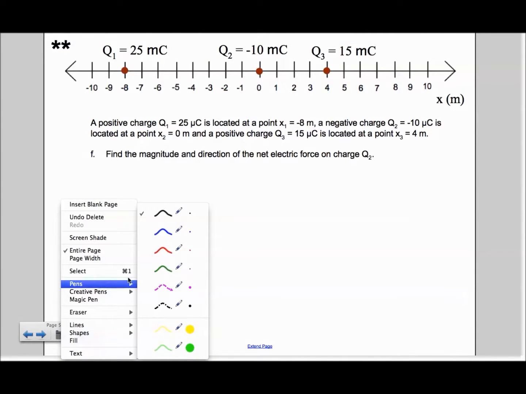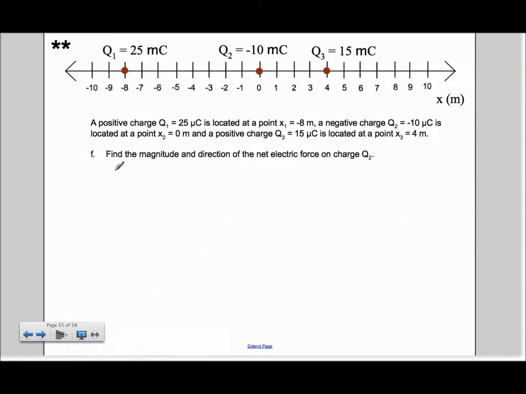So we start the problem by listing a free body diagram on Q2. So Q2 experiences a force towards Q3 because they both have opposite signs, and this force will be greater than that which it experiences from Q1 because they have a smaller distance between them, and it will also go towards Q1 because they both also have opposite signs.